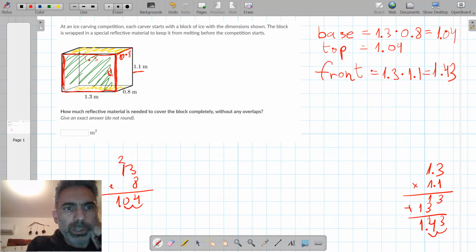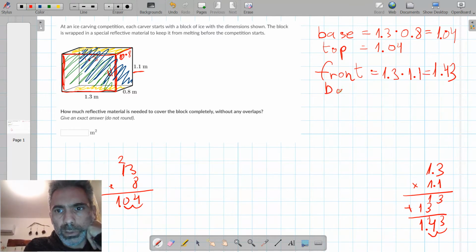So the front face has an area of 1.43, and the back face, which is the area in the back, has the same area as the front. So the back has also an area of 1.43.